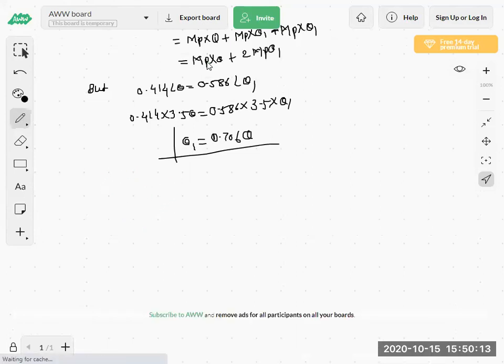Okay. So now by using the virtual work method principle.